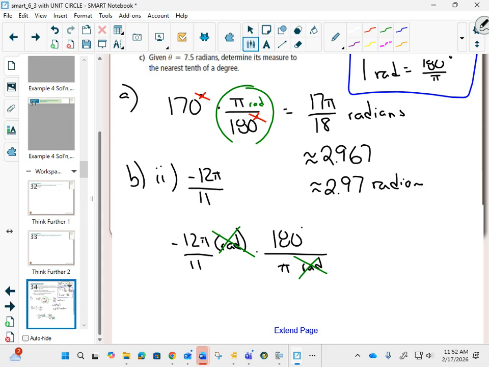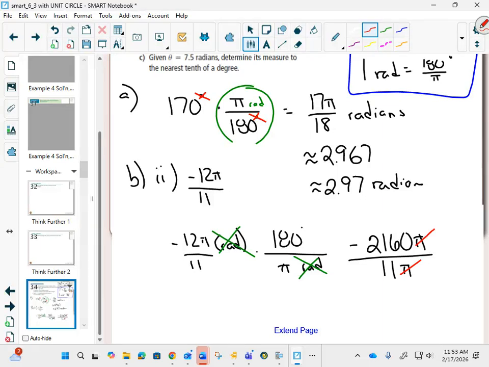If I do 12 times 180, you would get full marks if you left your answer like this. Do you see that I just multiplied the top of my fractions and multiplied the bottom of my fractions? Most people will cancel out the pi's because they're obviously exactly the same.